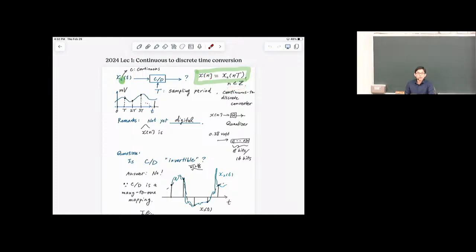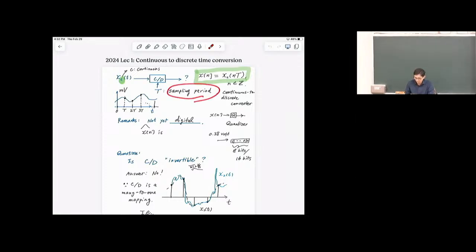The way we think about this is to look at our continuous time signal every once in a while, at every integer multiple of T, a period of time that is called the sampling period.